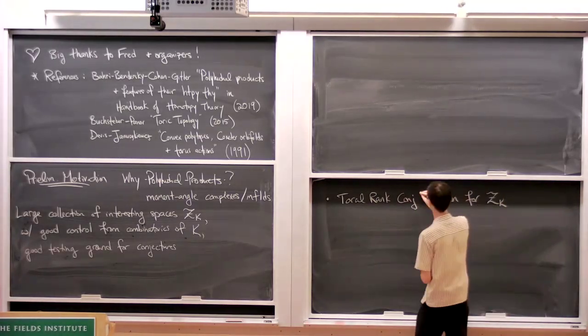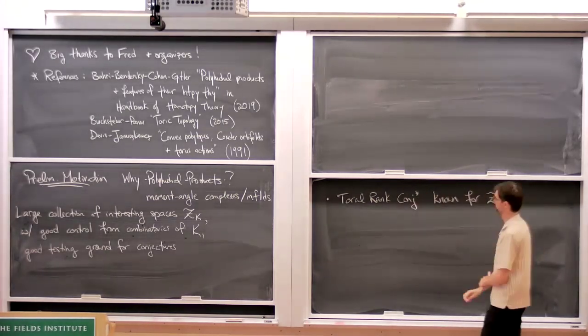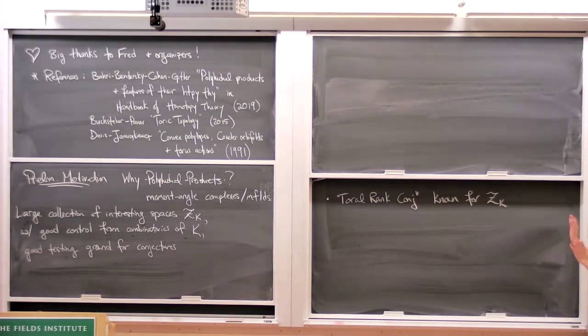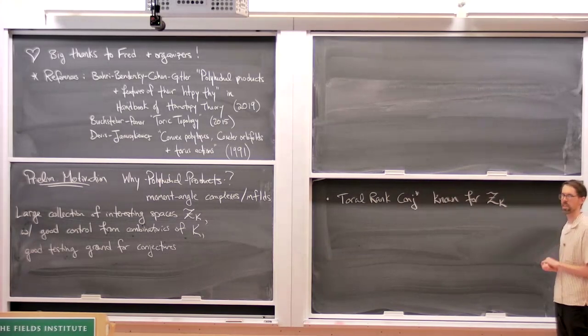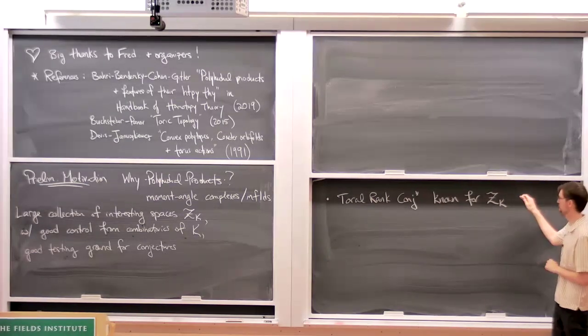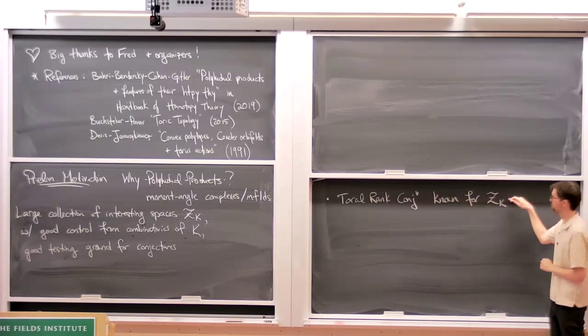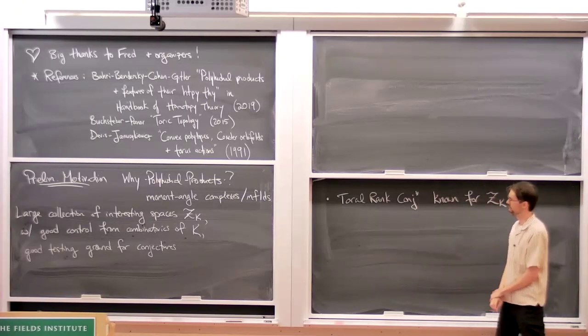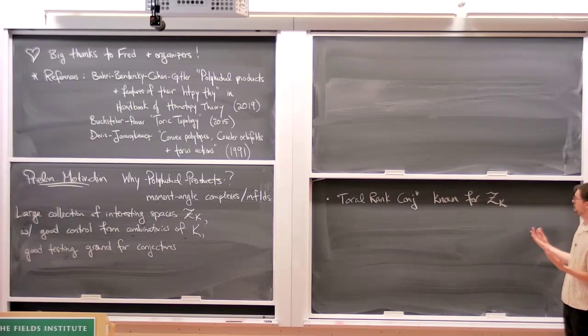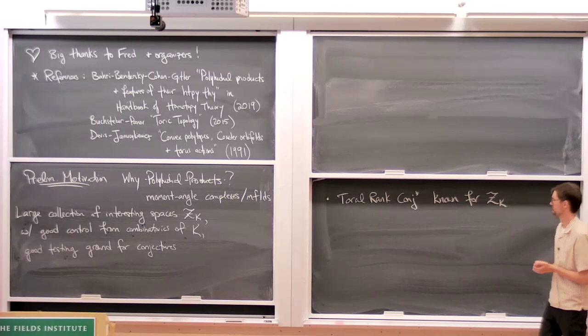And really, I'm going to put a star here because it's possible that it's not actually known, or it's only known for certain torus actions, but not all torus actions. But really, all I mean by this is that we have good bounds on the Betti numbers of ZK. The toral rank conjecture says something like any space should have at least as much cohomology as the maximal torus that acts freely or almost freely on that space.